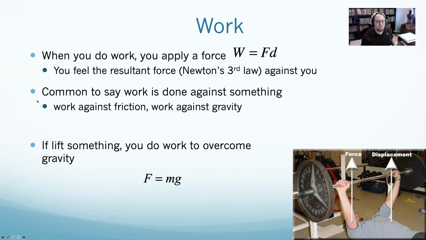Well, gravity is mg. And therefore, the minimum work required to lift anything would be the force times the distance you lift it. The work required to lift something up will always be mgd. It's mass times gravity times the distance you lift it, or its weight times the distance you lift it. And that's how much work one applies to lift something up.